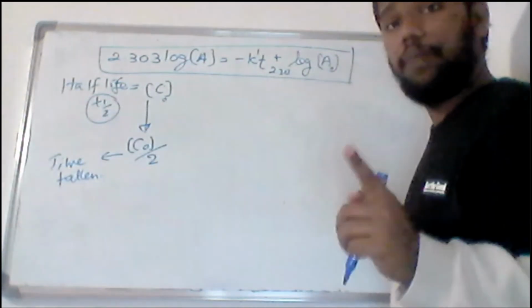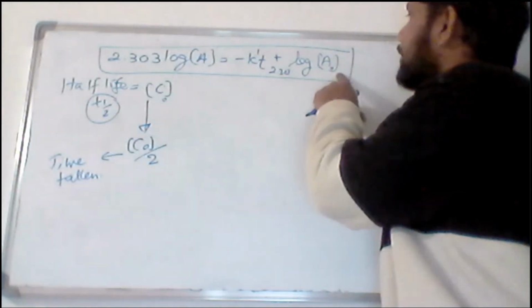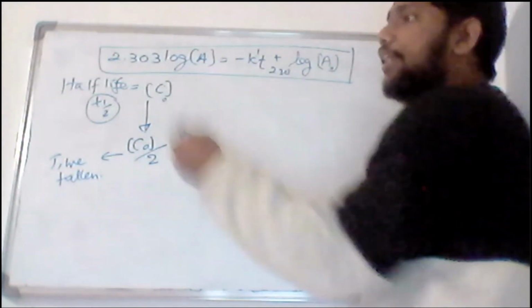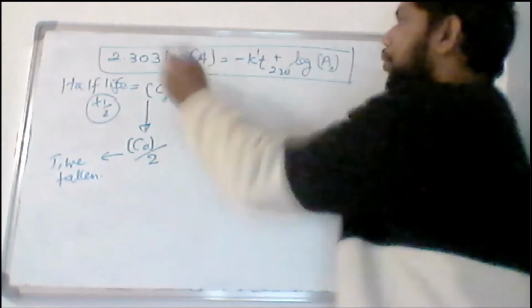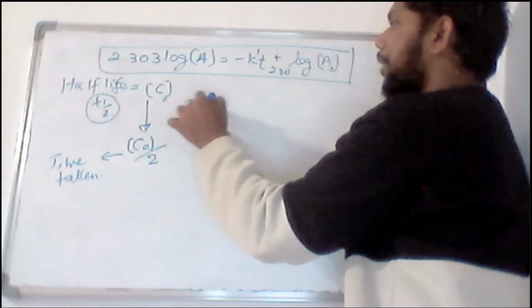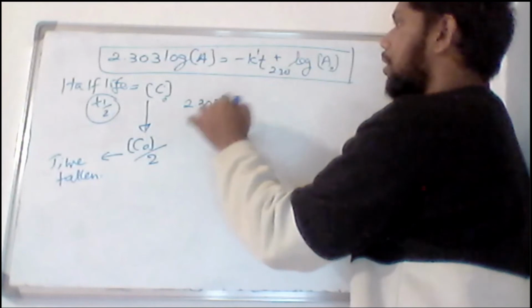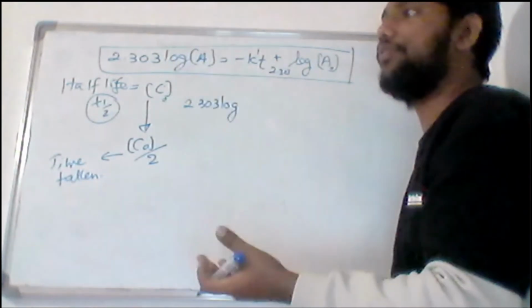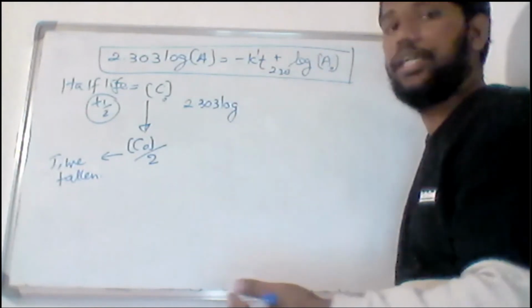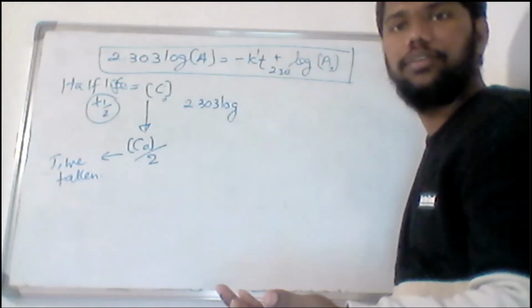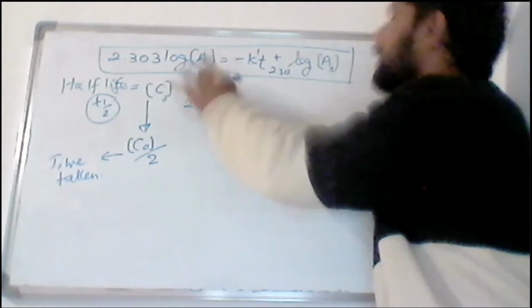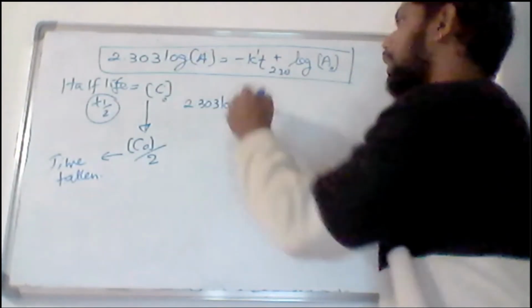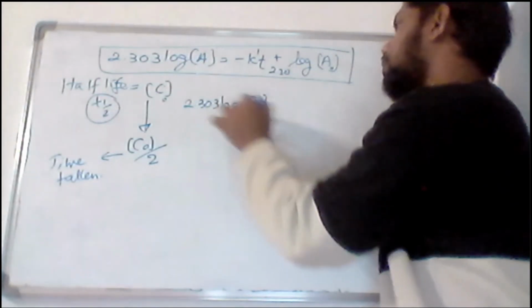Now think about this. This is the initial concentration and this is the concentration after some time. So you can put here 2.303 log of the concentration of A after T half. In terms of A naught, this is A naught by 2.